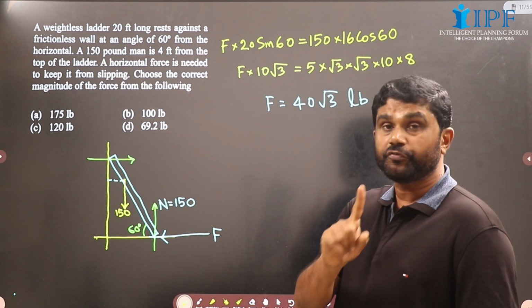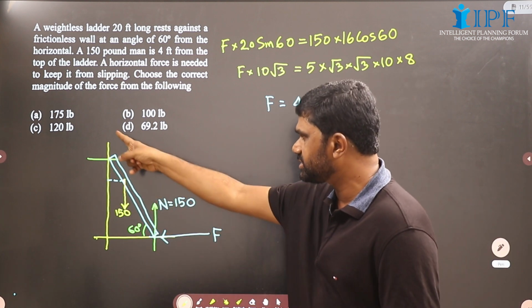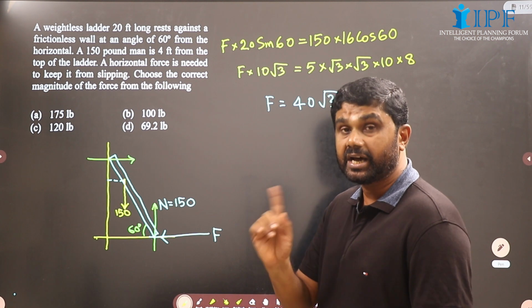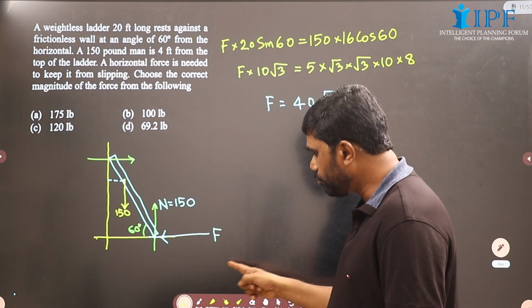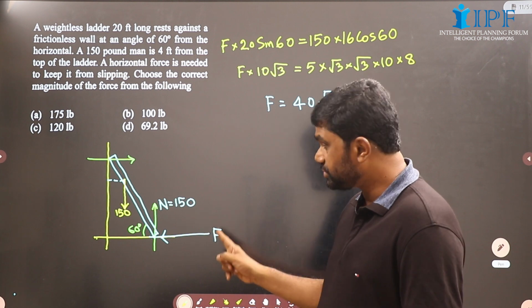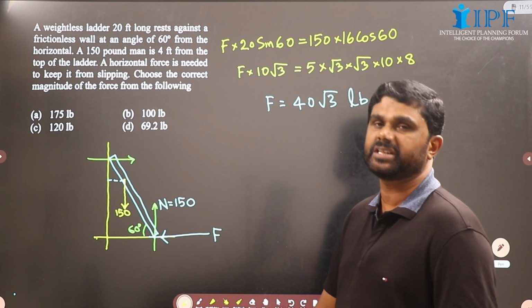Similarly, there are two forces acting along the horizontal. One is the reaction exerted by the vertical wall, and the other is the external force applied here. Actually, we want to find out this capital F, but it will be equal to the normal reaction exerted by the wall.